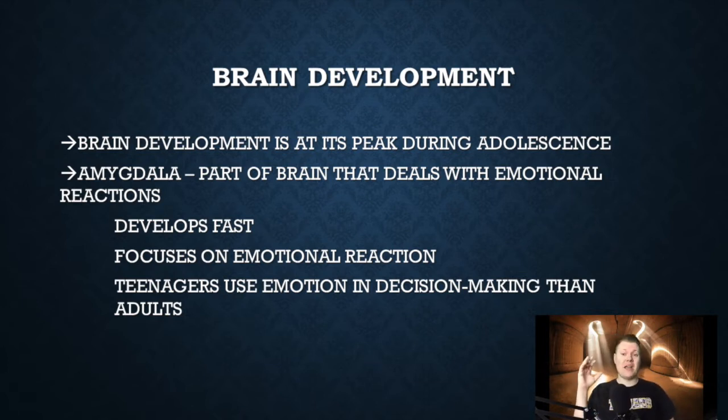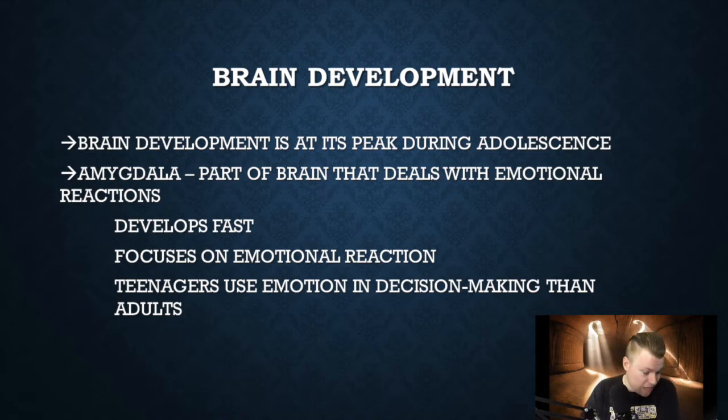As you noticed, the brain actually develops from the back to the front, and the amygdala is located right around this part of your brain. So if it's developing from the back to the front, it's going to hit that amygdala first before it covers everything else. So once again, it's developing fast.